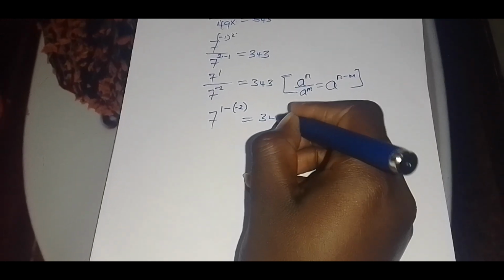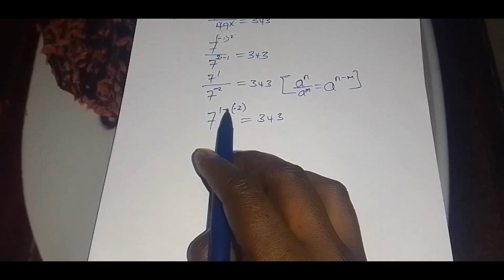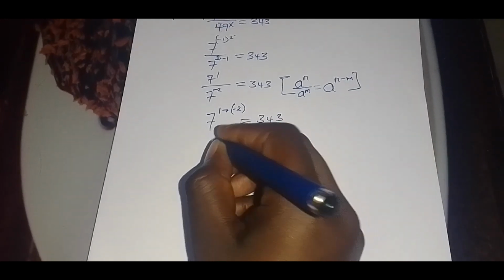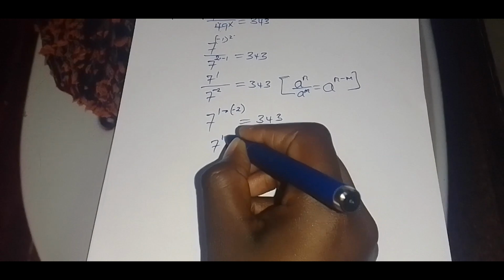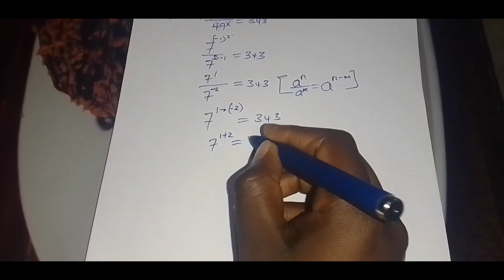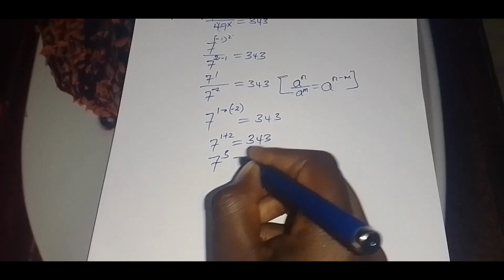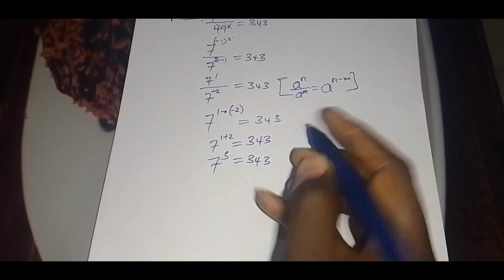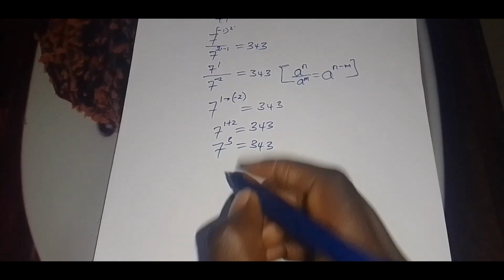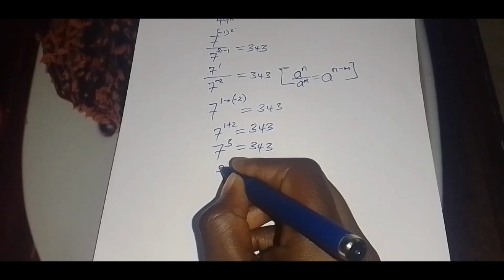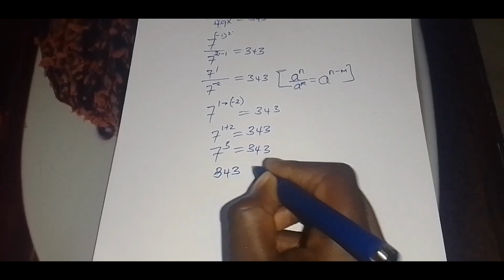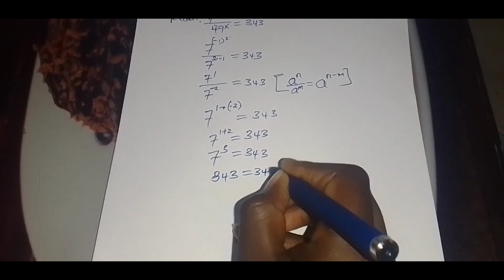This is supposed to give us 343. So negative times negative is positive, so it's 7 raised to power 1 plus 2, which is 7 raised to power 3. This is equal to 343. Okay, so that we'll have 7 cubed is 343, which is equal to 343.